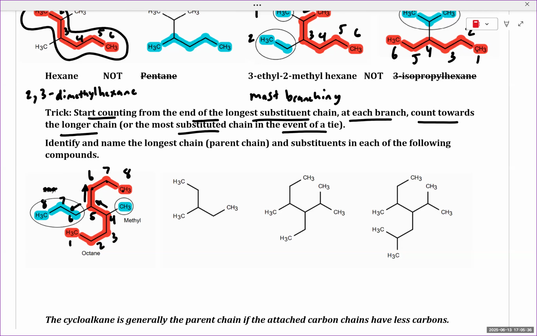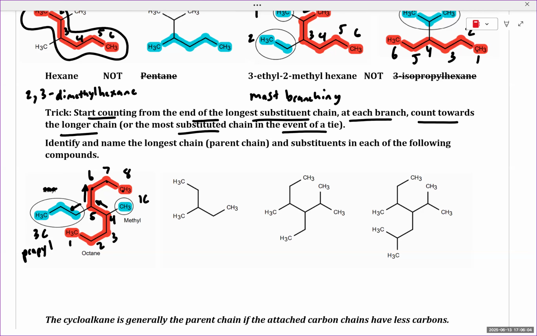Next, we're going to name the side groups. So this group has 1 carbon, so it will be named as a methyl group. This side chain is a 3-carbon side chain, so we'll name it as a propyl group. We'll talk momentarily about how to assign the locant numbers and the position of each of our substituents.